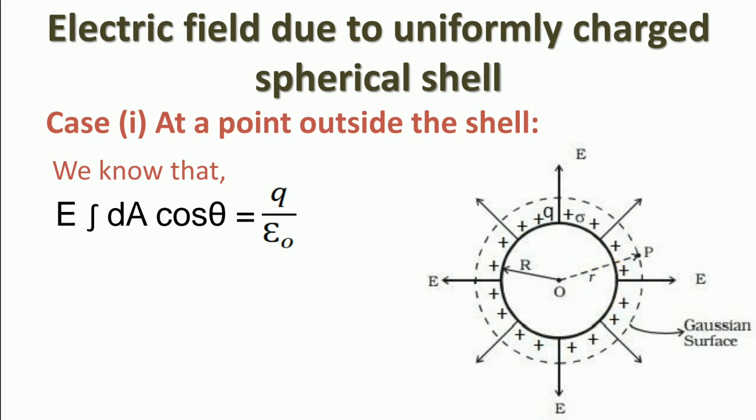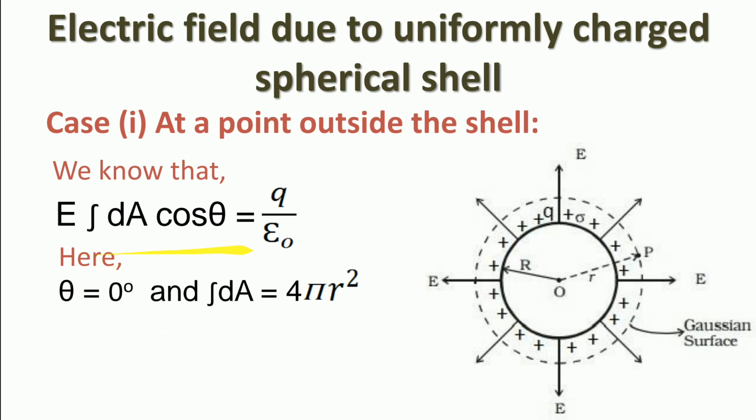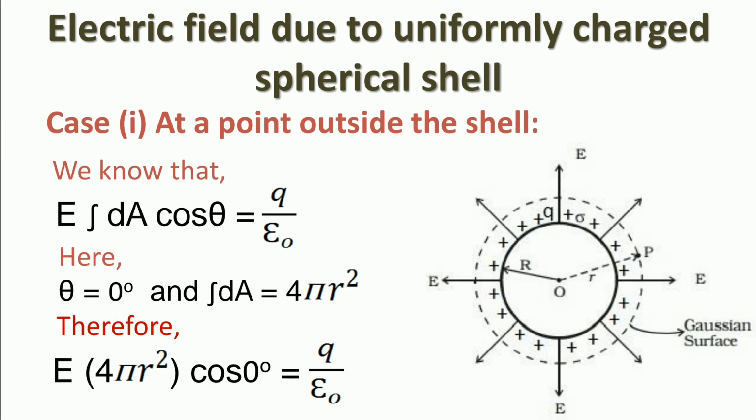So let's apply the conditions. Theta is 0 and integration dA is equal to 4 pi r square. Put these values in this equation. What we get? E as it is, integration dA we are putting as 4 pi r square, cos theta as cos 0, and q upon epsilon naught as it is. Now we will solve this. Put the value of cos 0 as 1.